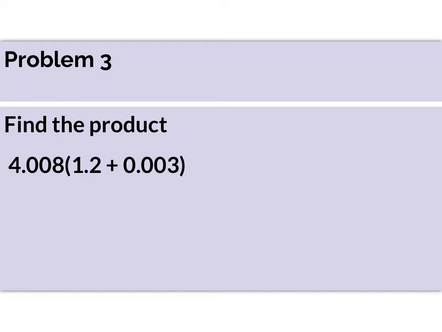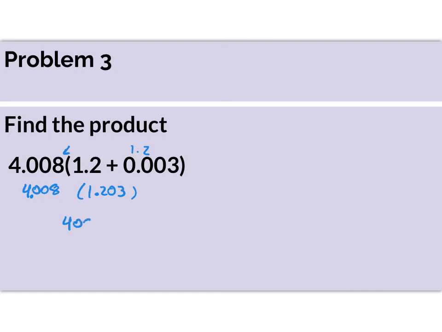Okay, again, here we have a number multiplied to a parentheses. So make sure you add the numbers inside the parentheses. 1.203, because the 1.2 went right there, so I'll just rewrite the number. Times 4,008.